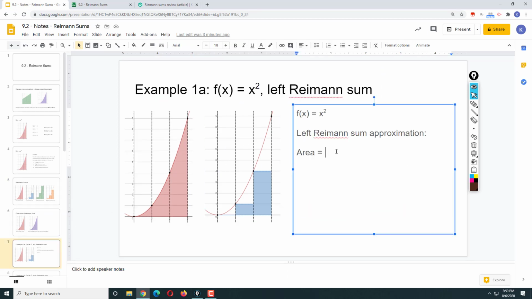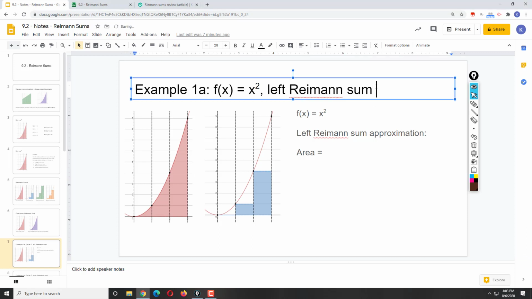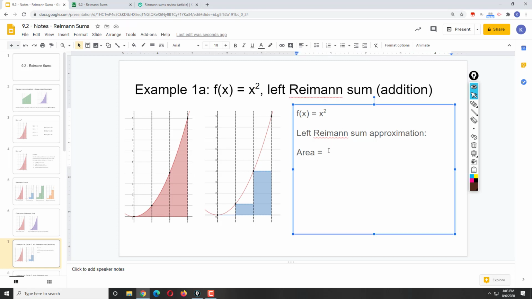The left Riemann sum, by the way, sum just means addition. Our left Riemann sum is just going to be the sum of the areas of the three rectangles.